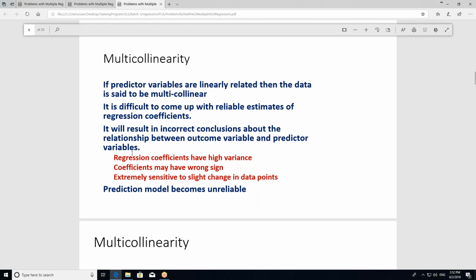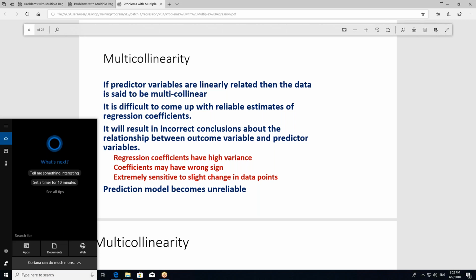You can look into this slide. Now you got it. So tell me how we represent a multivariate regression model.